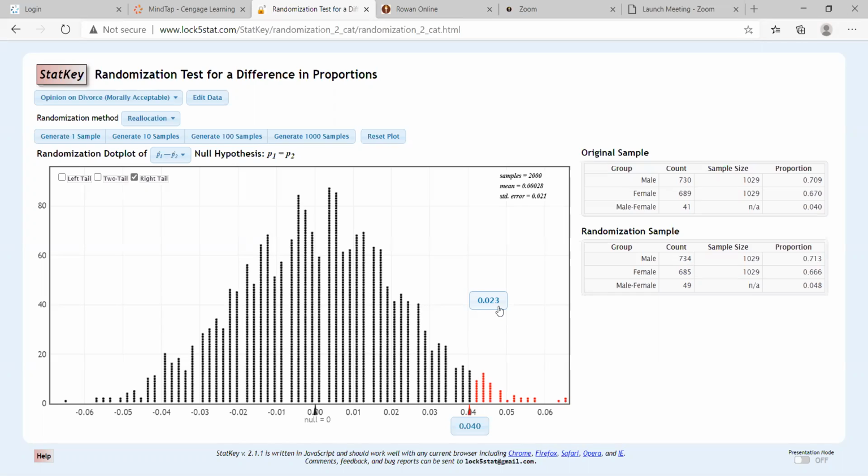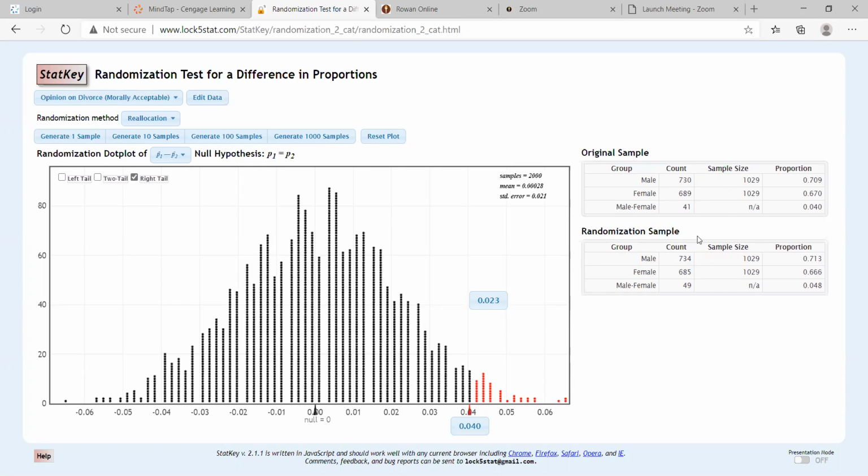All right, so you notice in everything we've done so far, there are no formulas involved. Typically in a regular statistics course, you would be doing some formulas, using calculators, software, whatever you might be using. Here, we're just using StatKey and doing simulations and coming up with an answer. And what do we do?